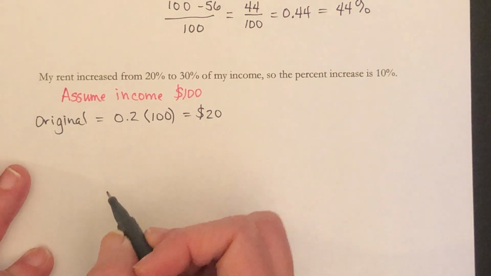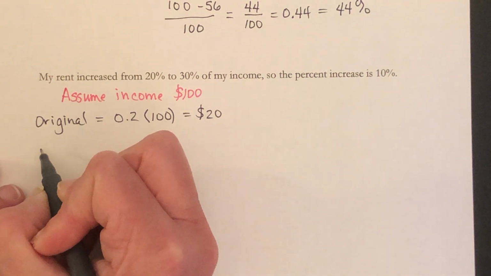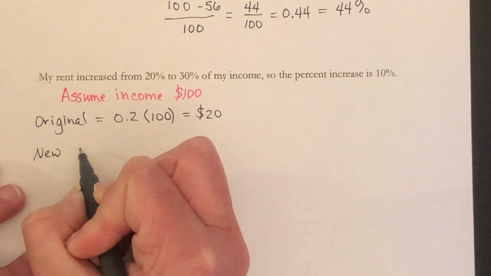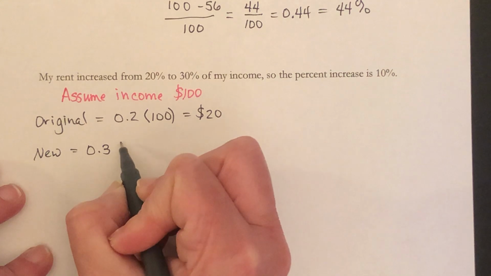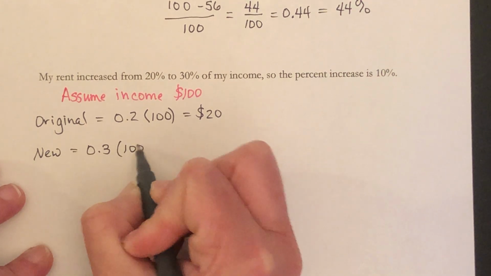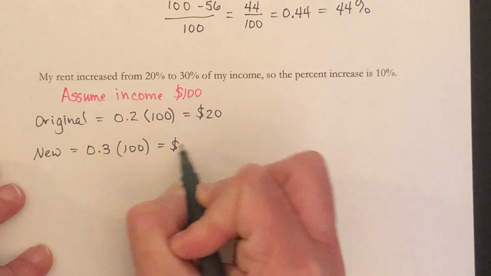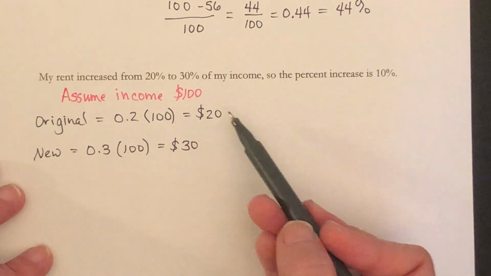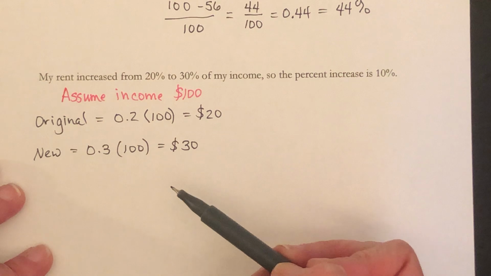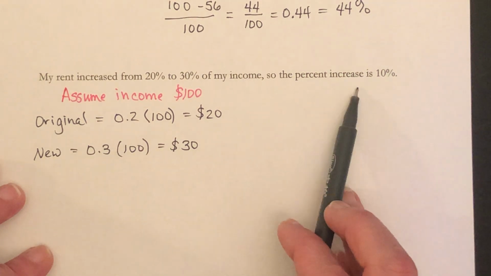And then the new is 30% of the income, so 0.3 times 100. That gives me $30. So her rent increased from $20 to $30. Let's check the percent increase.